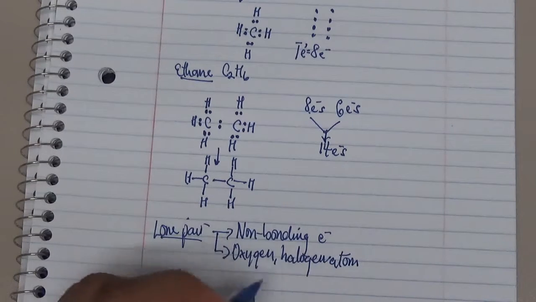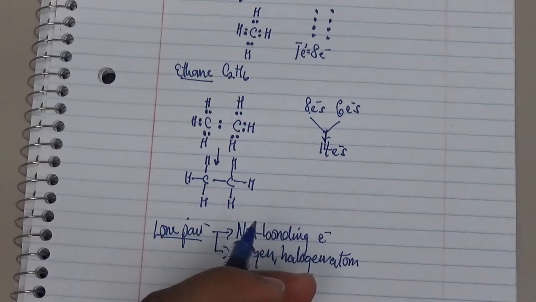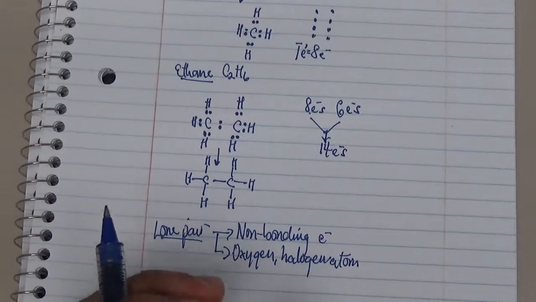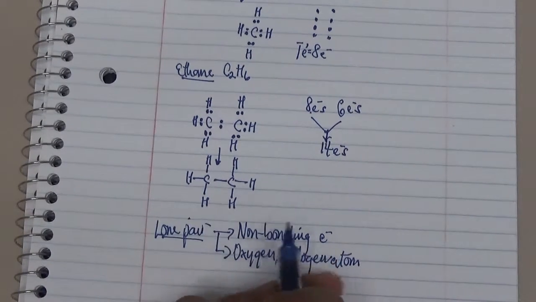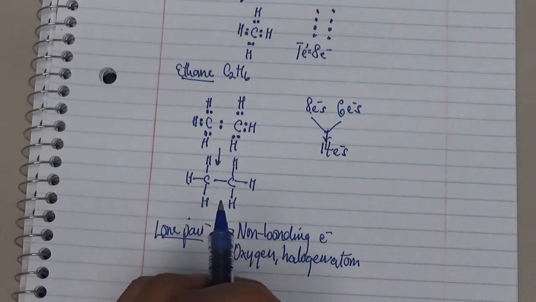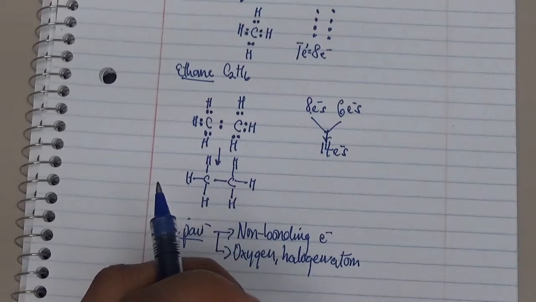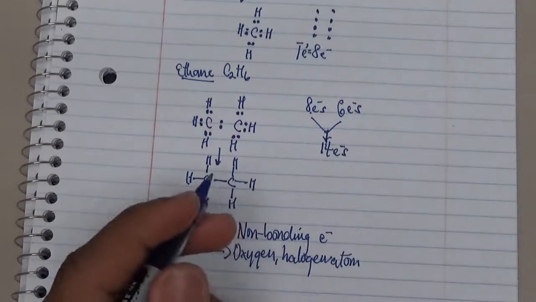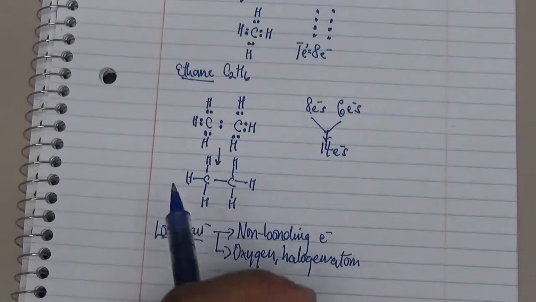If you have them in a molecule, the chance of the presence of a lone pair is much higher when you have oxygen and halogen atoms compared to other atoms, for example phosphorus, or sometimes any other element in the periodic table, or nitrogen as well. Sometimes nitrogen does have lone pairs, sometimes it doesn't.